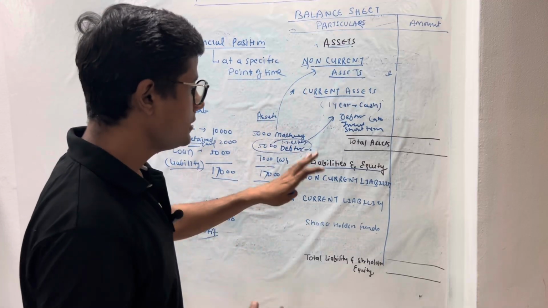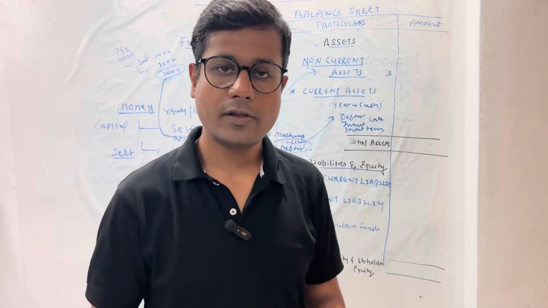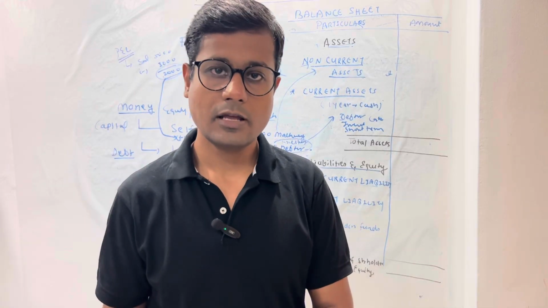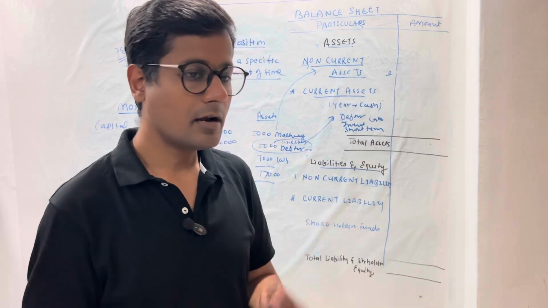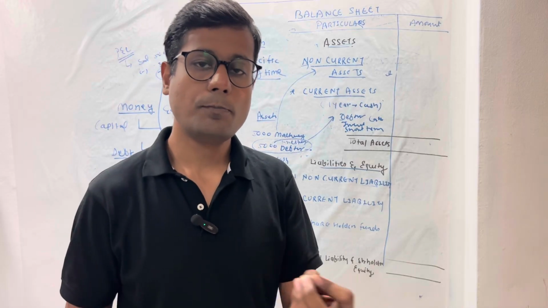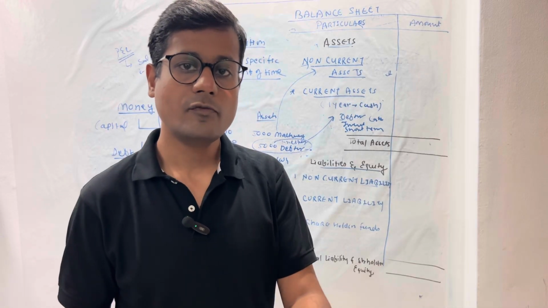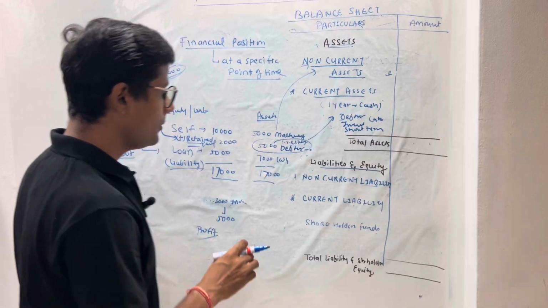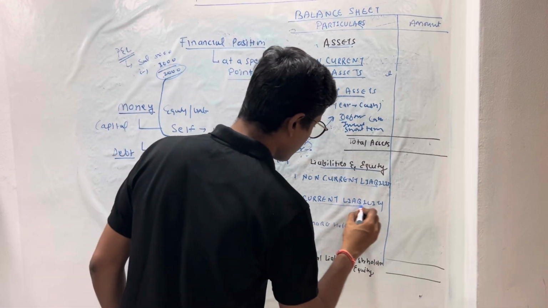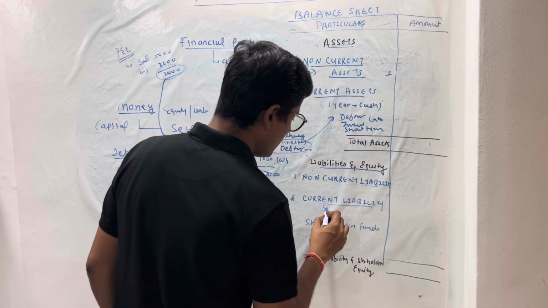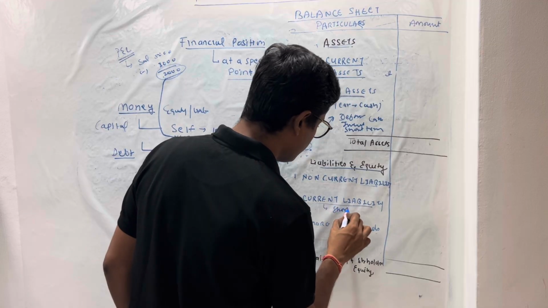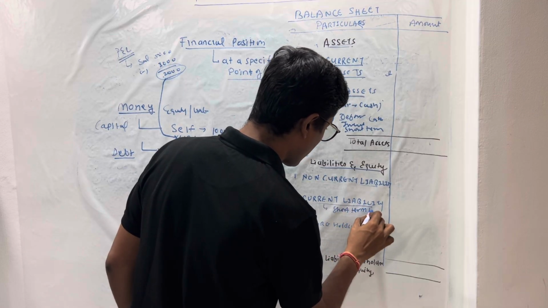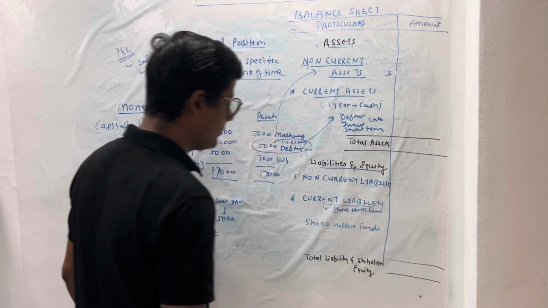Now liabilities also have a similar classification: current liability, non-current liability, and the same logic. Current liabilities are something which needs to be paid within 1 year. So whatever would be paid within 1 year, that would be current liabilities. So let's say any short-term loan you have taken, right, that will be your current liability.